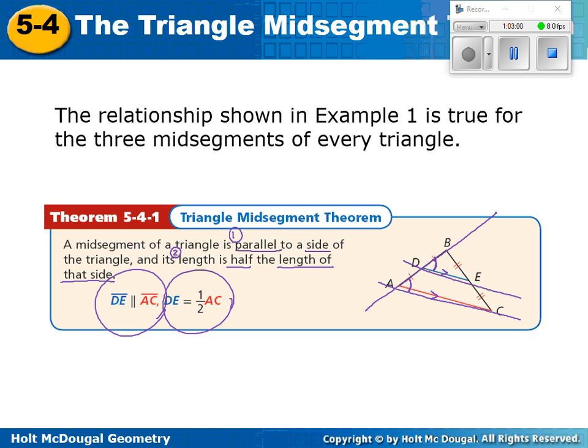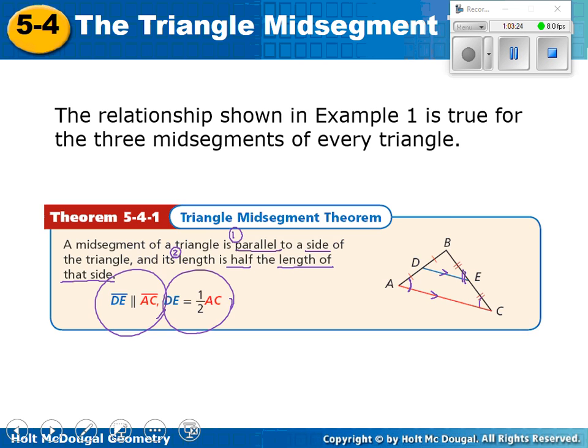That's going to be super important. This would be another transversal, so we have some more corresponding angles here. Do you guys see that? So watch for that, because you may use corresponding angles or alternate interior angles or same side interior angles, but you're going to have parallel lines all over the place with those mid-segments. So watch for angle measures that you can use with those parallel lines.